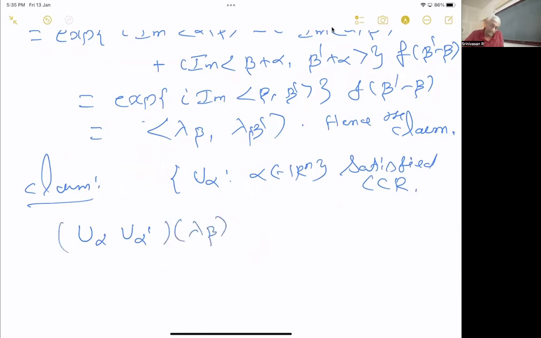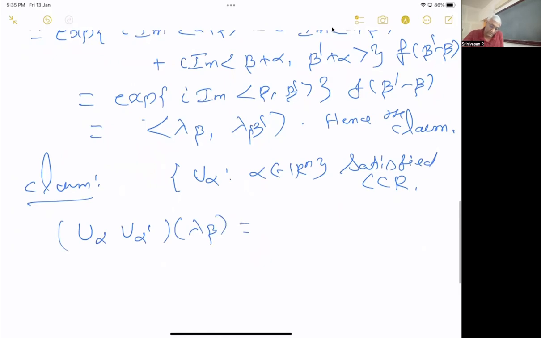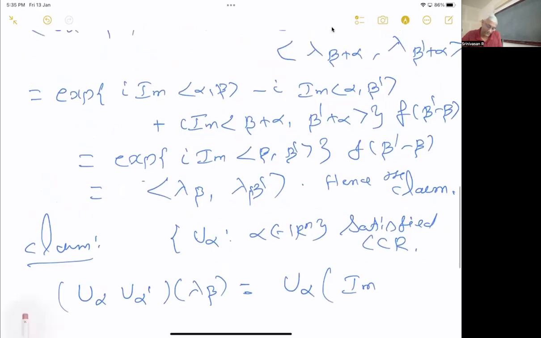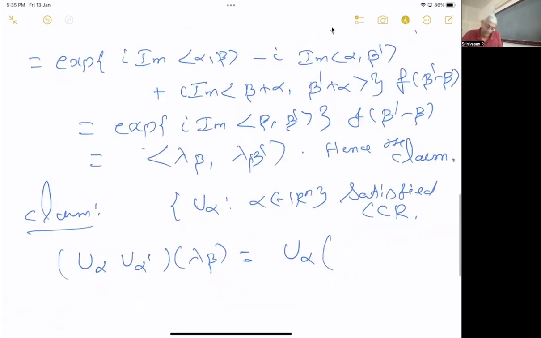It's clear. I should give this as an assignment, but it's okay, we'll just do it. U alpha, which is just e power I imaginary part of beta alpha prime beta.